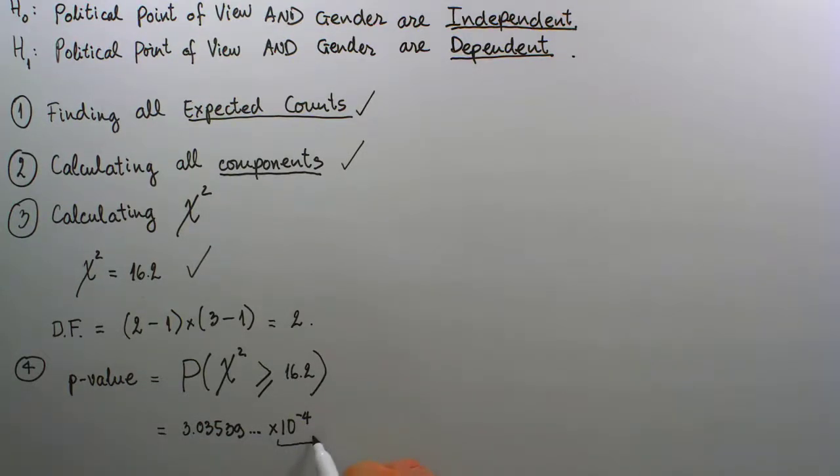This 10 to the negative 4 is the same as the E minus 4 that any viewer has seen on the calculator screen earlier. And so our final p-value in decimal is 0.000030539 and a lot longer. For most p-values, unless specified otherwise, I'll stay with 4 decimal places. So 0.0003 is my final p-value for this calculation.